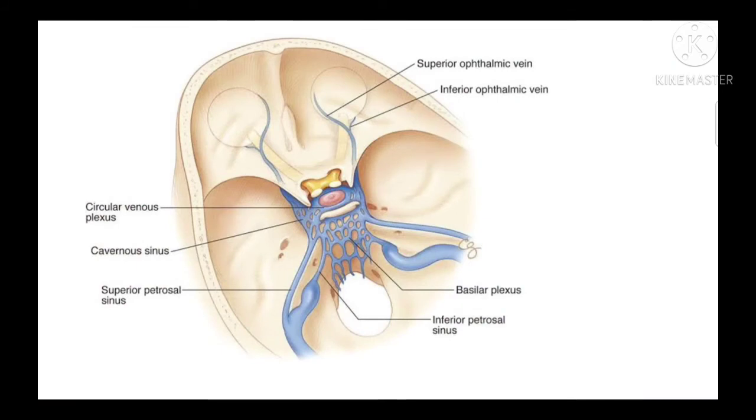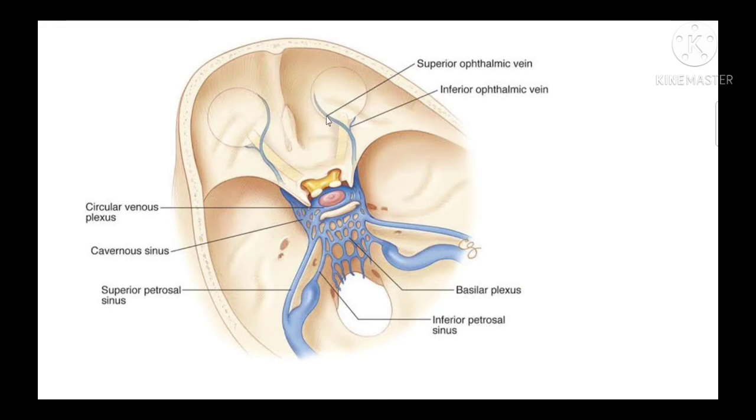So now we want to talk about the affluents. The principal affluents: we're going to start with the ophthalmic vein. This vein drains into the cavernous sinus, the superior and inferior, you can see here. The superior ophthalmic vein starts in the medial angle of the eye. It has the opposite trajectory of the ophthalmic artery.